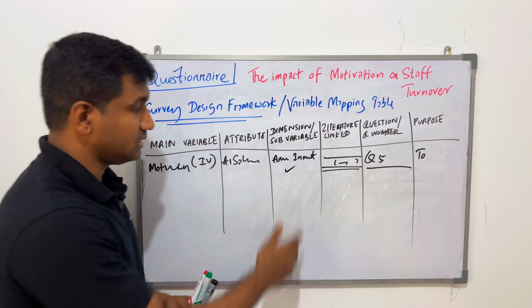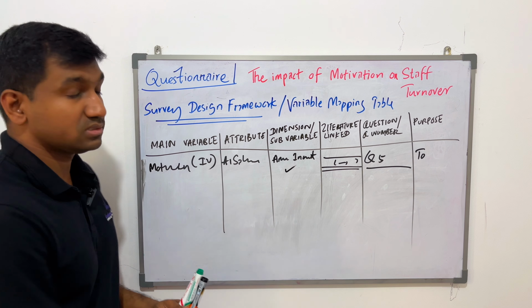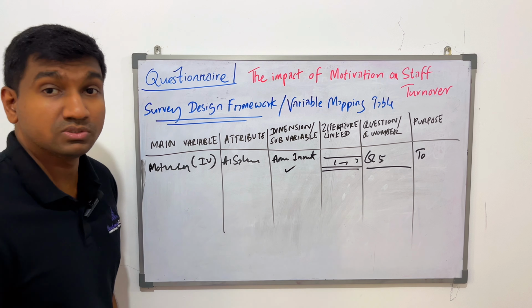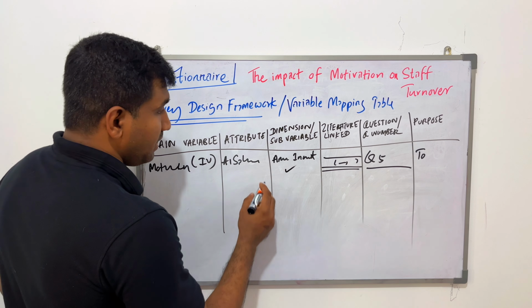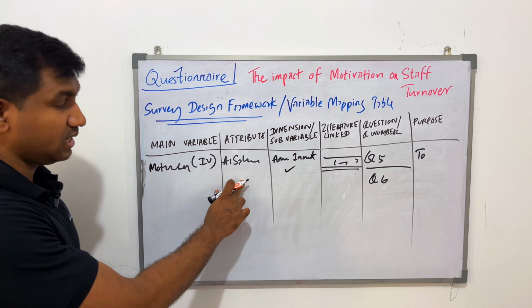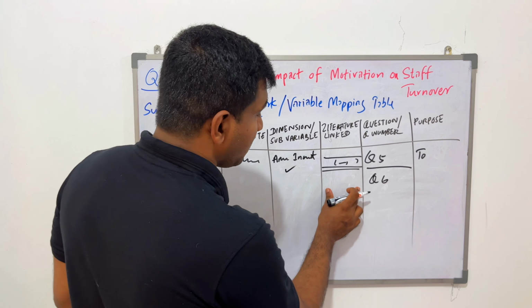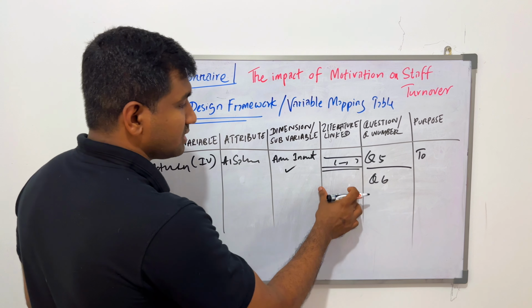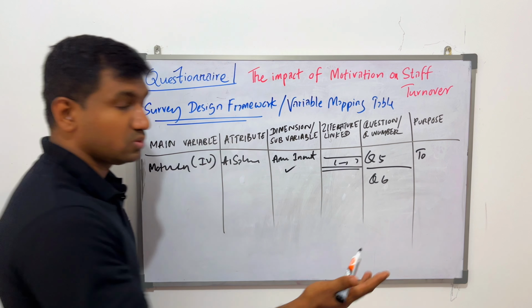So annual increment in this case, an attribute, of course, salary. Likewise, you need to continue doing so. Salary, maybe question 6. This is also about salary, right? But maybe you wouldn't have exact literature covering the same, but one literature sentence can cover up to 2-3 questions.